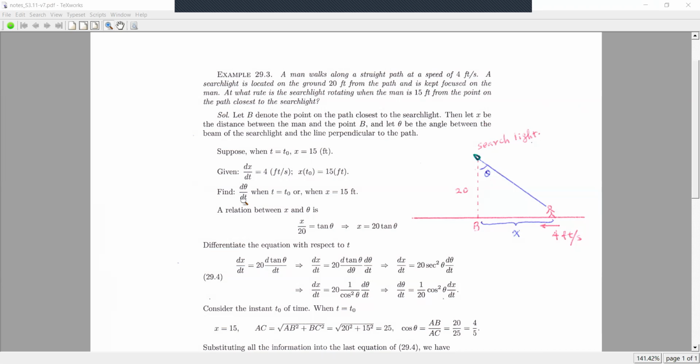We consider the derivative of theta as the rotating rate of the search line. After we get the derivative, evaluate the derivative at the time t0. Then we have the rotating rate of the search line at the instant when the man is 15 feet from point B.